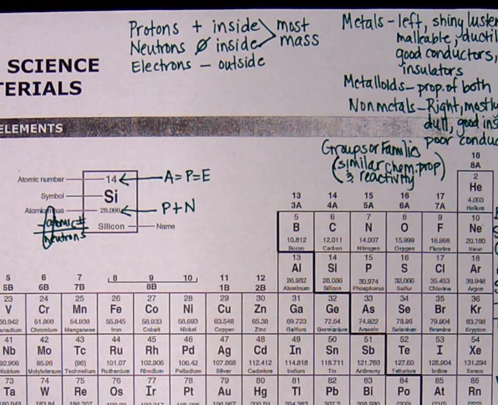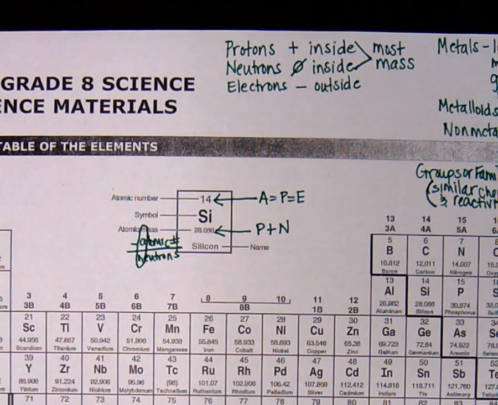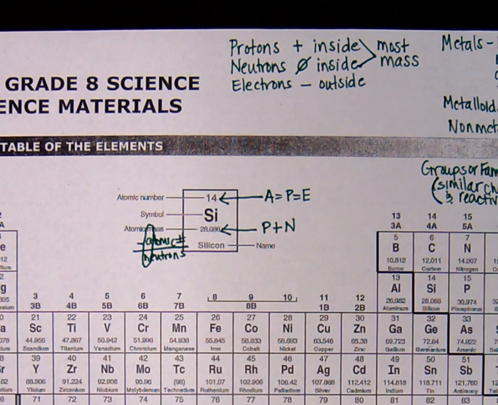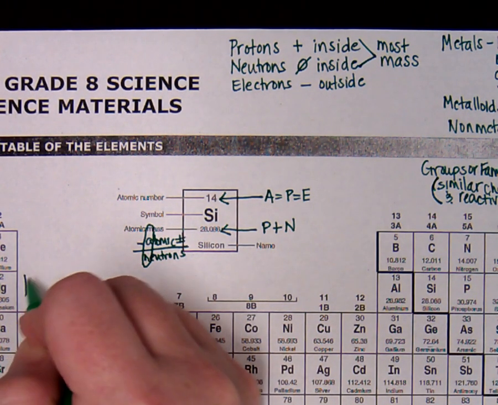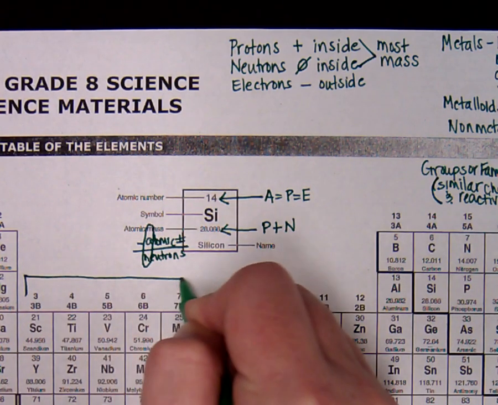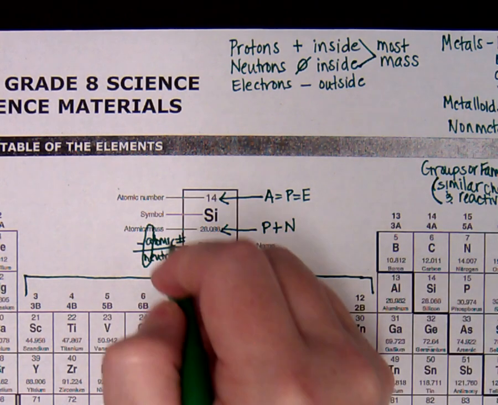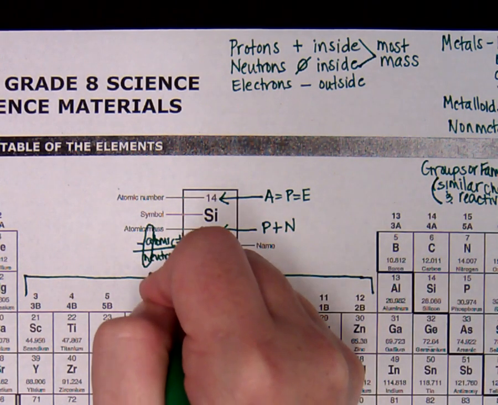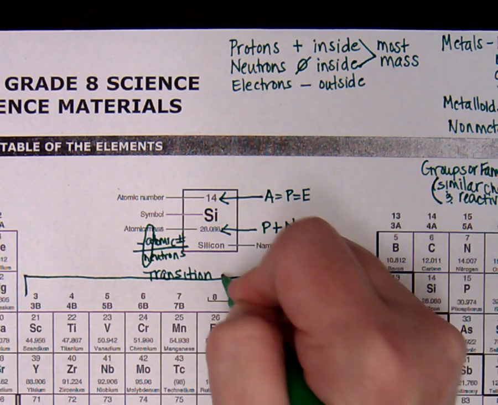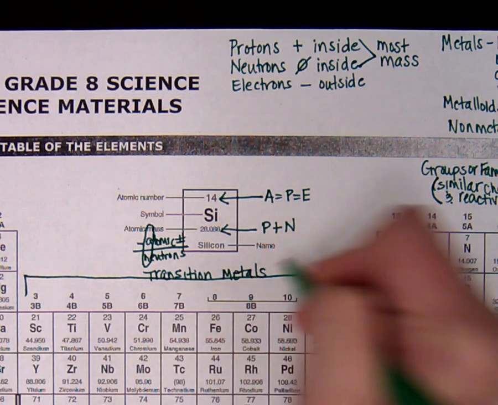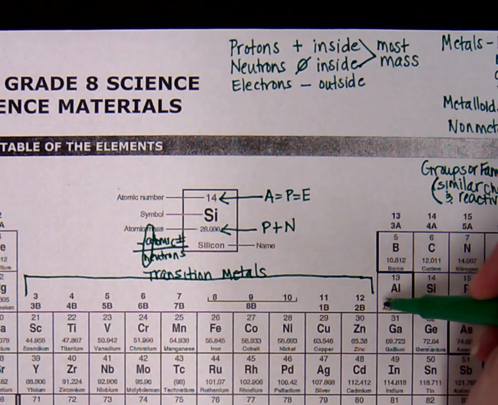Now, our groups are numbered, and remember from our large periodic table that we skipped groups 3 through 12. These are called the transition metals. These guys do not follow the same rule as the other groups.